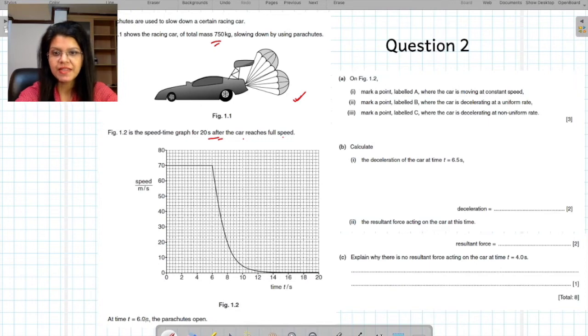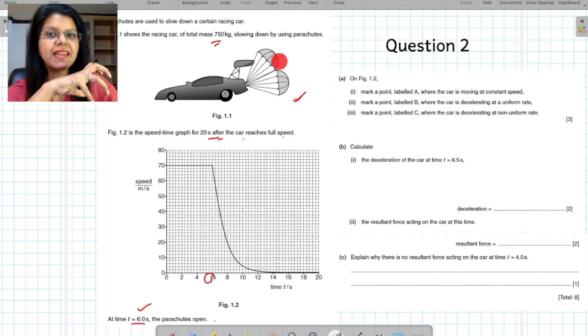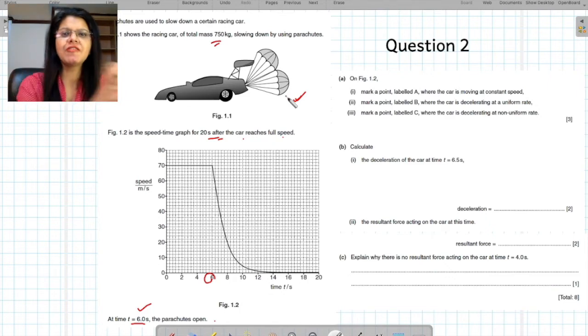There is one piece of information given at the bottom. At time t equal to 6, the parachute opens. So what is happening? The racing car is moving at a particular speed. The parachute then opens at time t equal to 6, as a result of which a lot of air resistance in the backward direction is created.